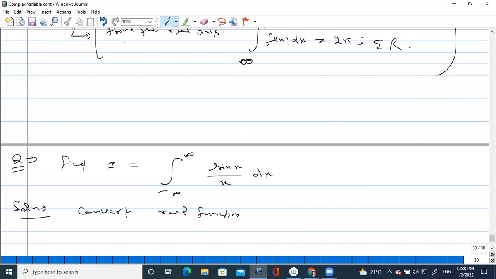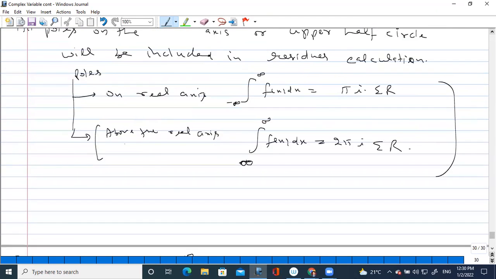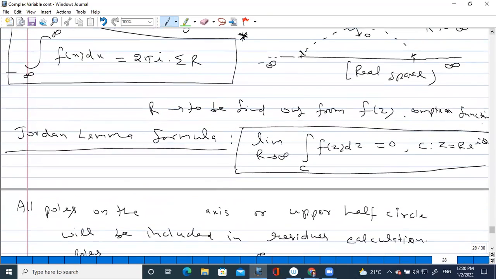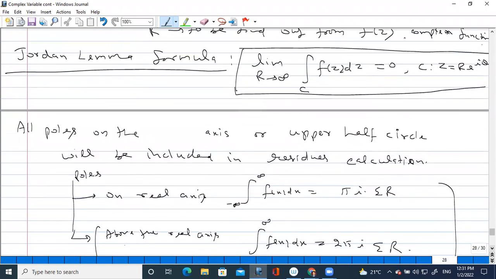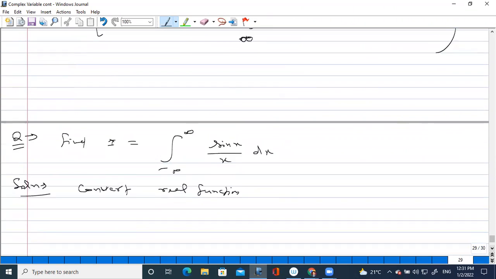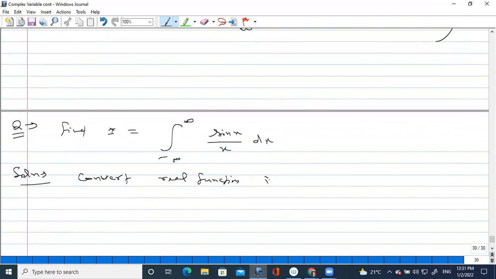Otherwise the formula I know, that formula I will use directly. This whole process I will not repeat again and again. This final formula I use, and the residue I will find from f(z). So first you find f(z), then find the residue, then use this formula. So these are the three things. Convert the real function into an f(z) function. This is our first motto.